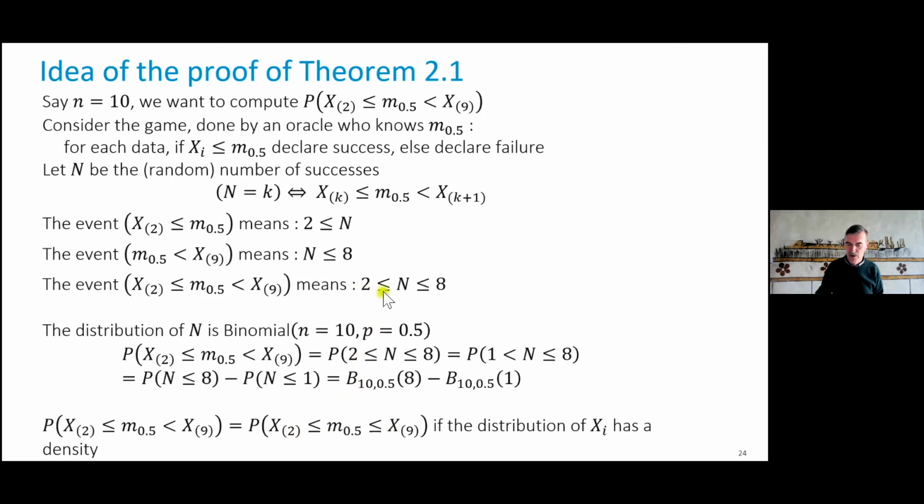The distribution of the number of successes is the binomial distribution with probability 0.5 of success and number of samples 10 here. So there is no magic. This is where the binomial distribution comes in. So if I pick 2 and 8, the probability that the median is between the 2nd and the 9th value is equal to exactly this difference here, which comes from the binomial distribution.